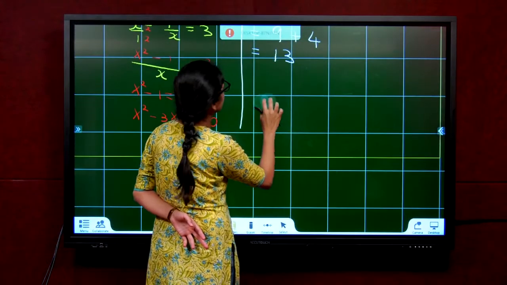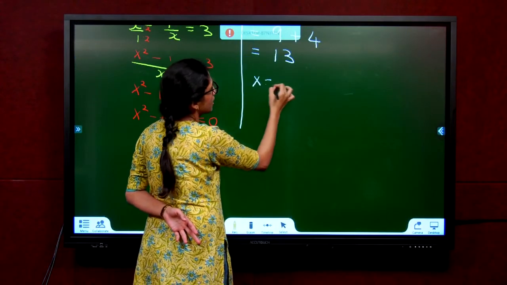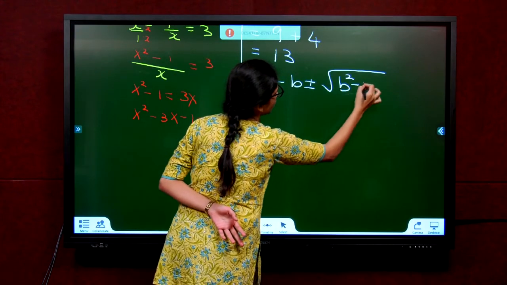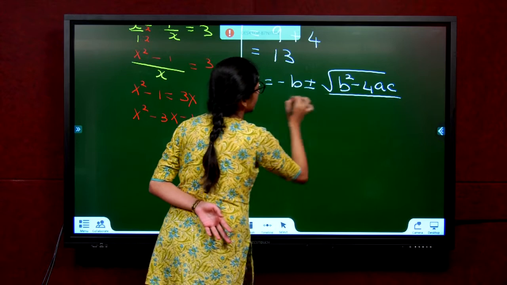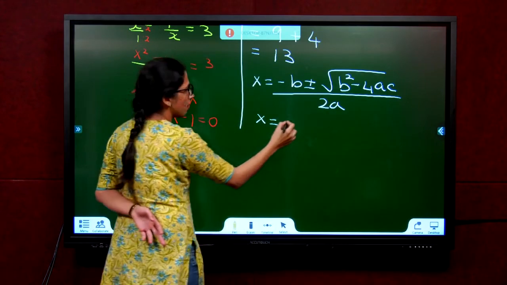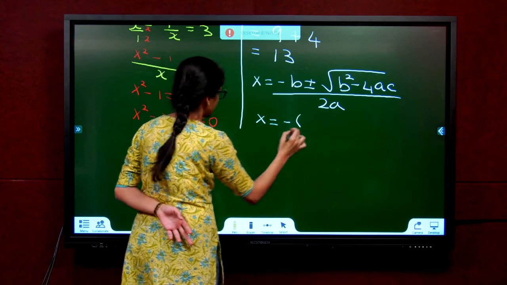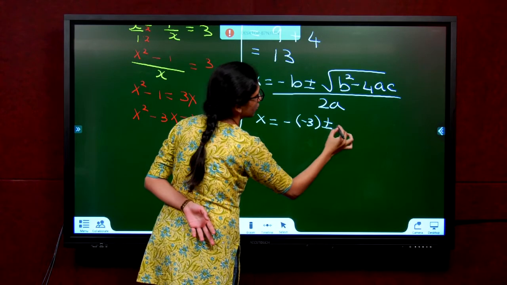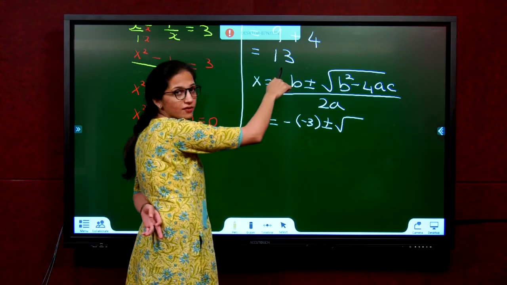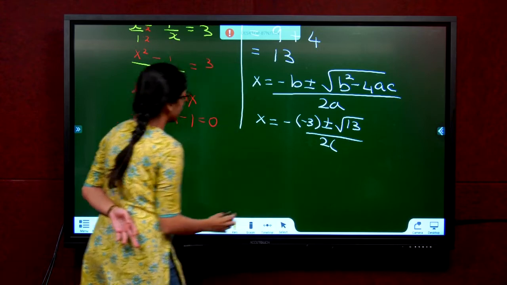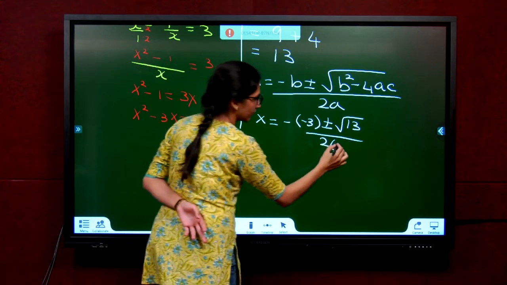So we go ahead with using the formula x equals minus b plus or minus root of b square minus 4ac by 2a. x is equal to minus b. What is b? Minus 3. Plus or minus root of b square minus 4ac, we just found it to be 13, divided by 2 into a. a is 1.